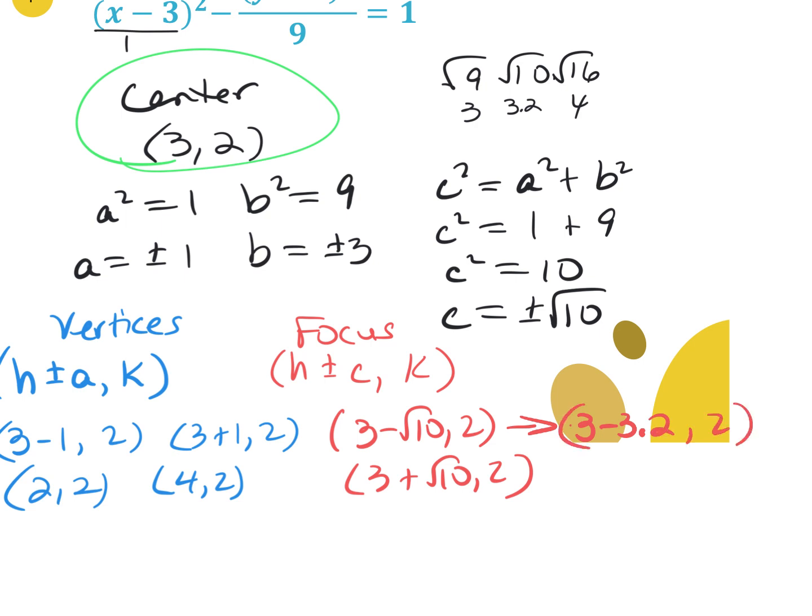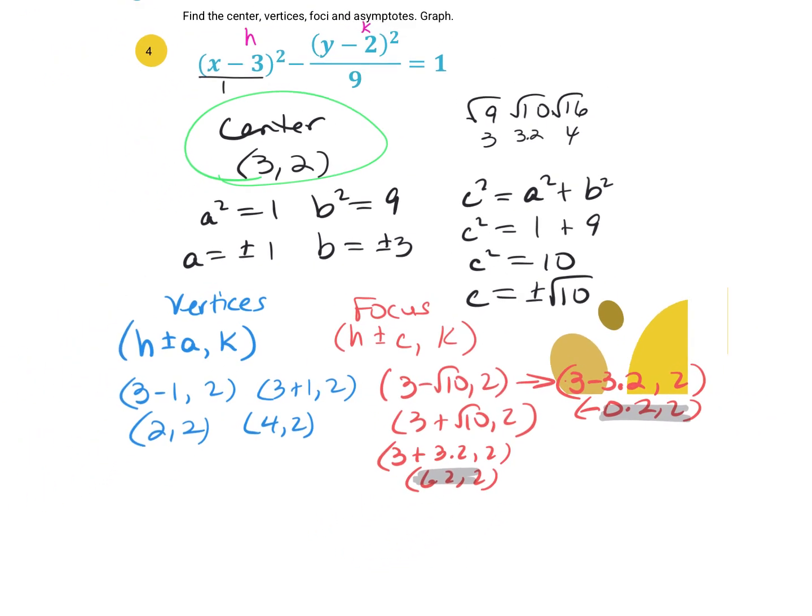So negative 0.2, comma 2 would be the approximate location of that one. And then 3 plus 3.2, comma 2, so 6.2, comma 2. So these are going to be the ordered pairs for graphing purposes for my foci.